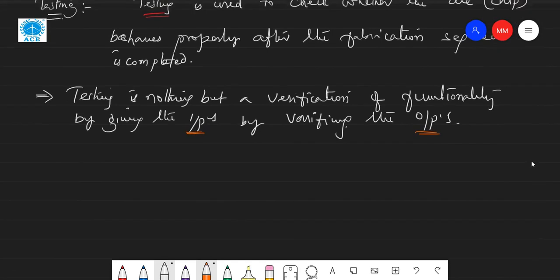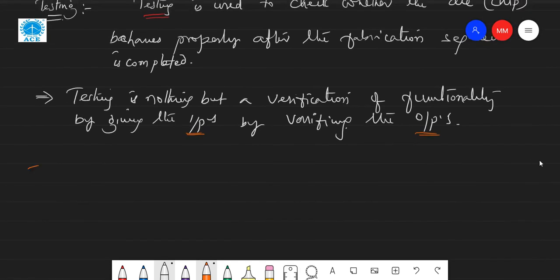Simply, once a logic function has been designed, it must be tested, and the faulty chip should be identified from the good chips. I designed a logic function, and that function is verified by giving the inputs and checking the outputs.